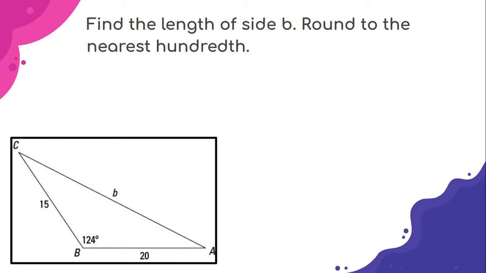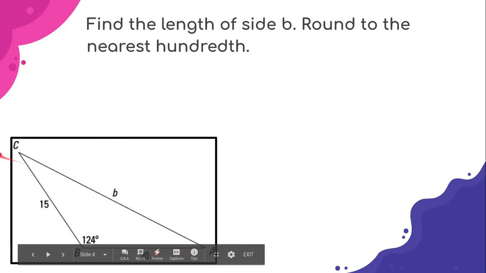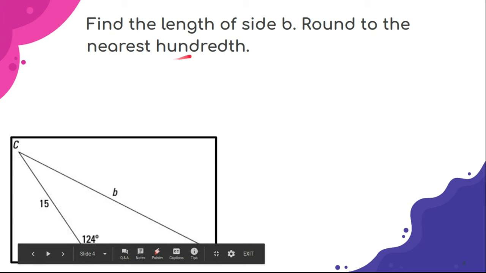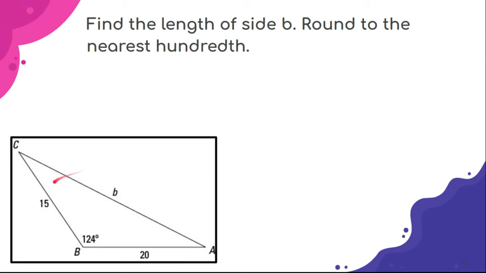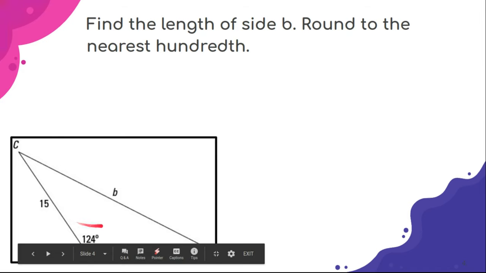Our problem for today says, find the length of side length B, round to the nearest hundredth. And we have the image of the triangle right here. As you can see here as well, B is missing.